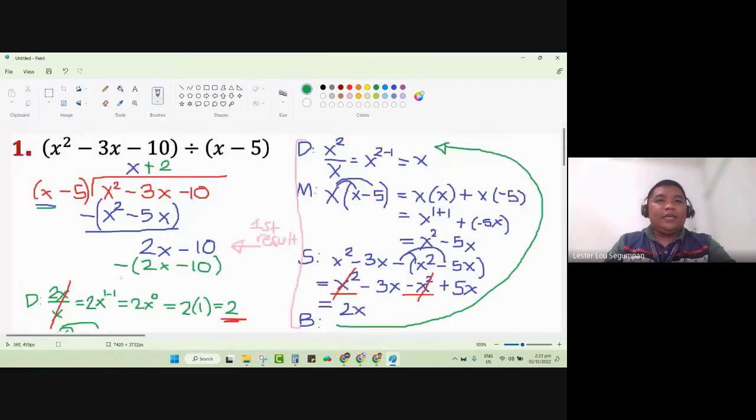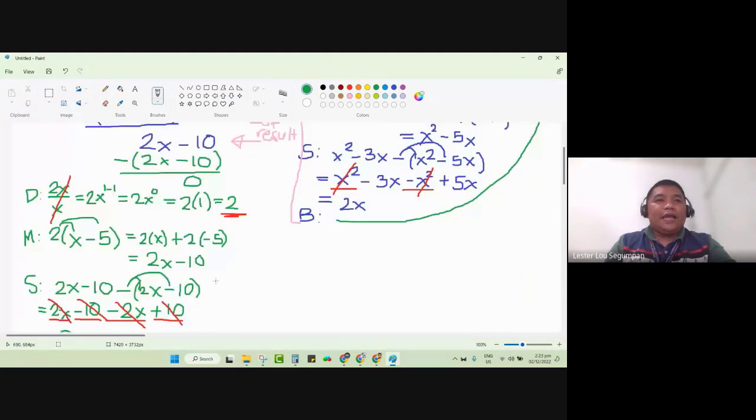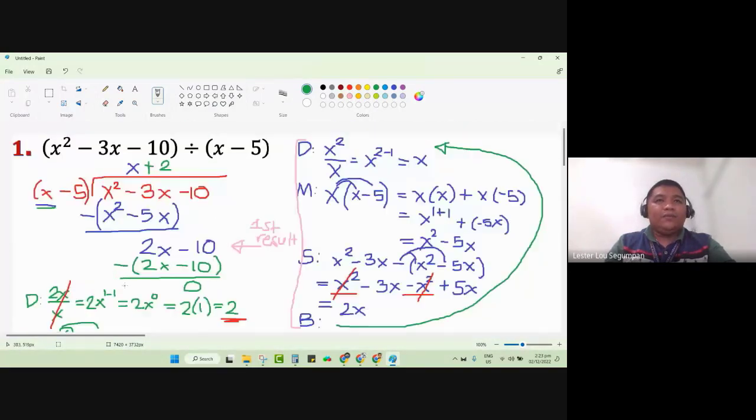We place it here, 0. And for the last step, which is bring down, no other terms can be brought down. This is now the end of our process. Our answer is what appears here at the top. The quotient, when x squared minus 3x minus 10 is divided by x minus 5, is x plus 2.